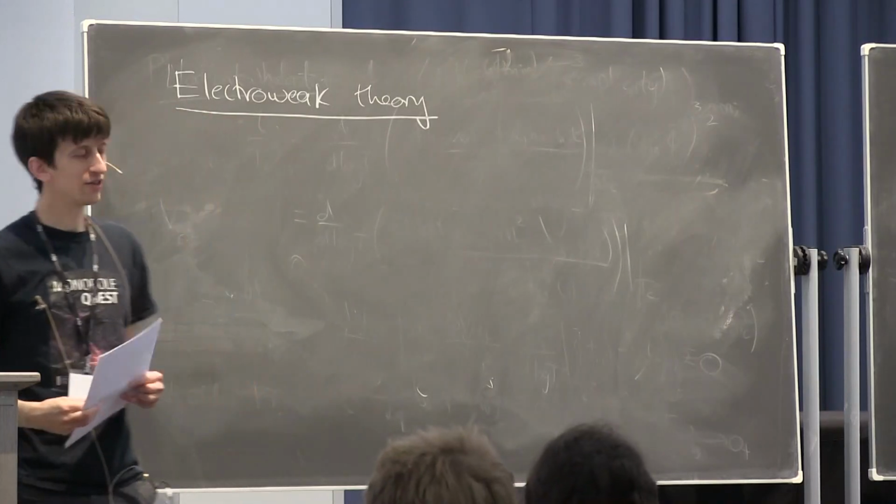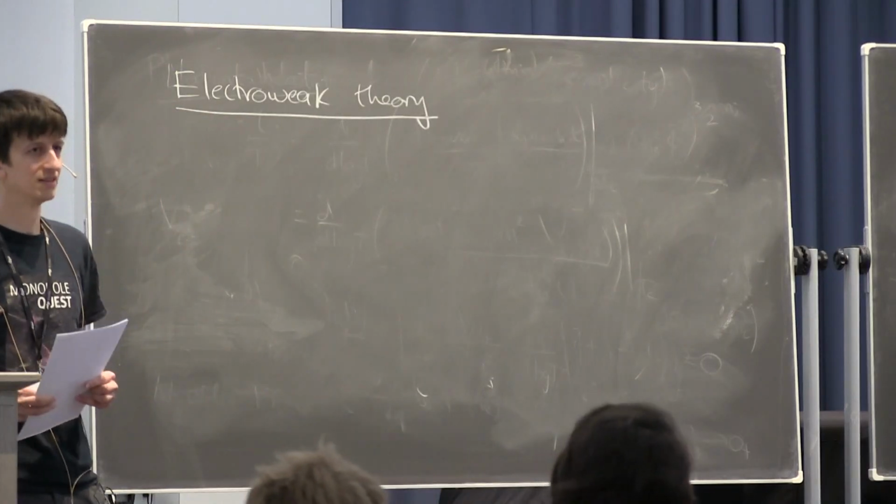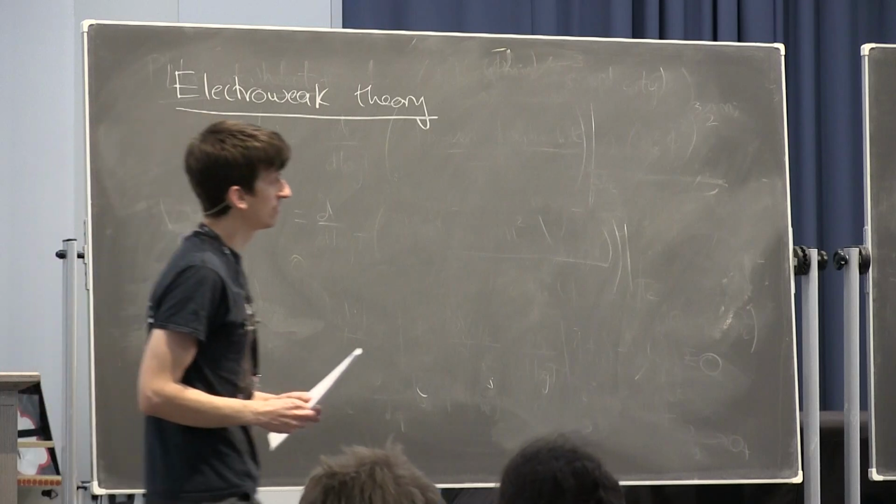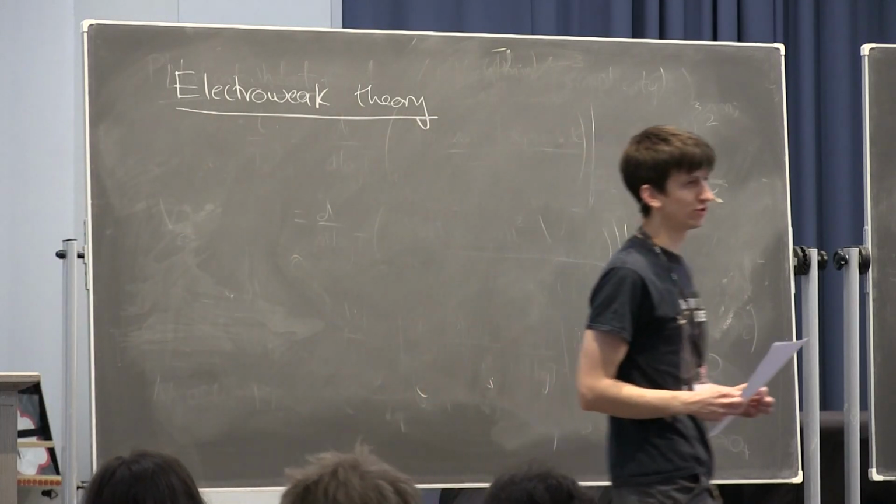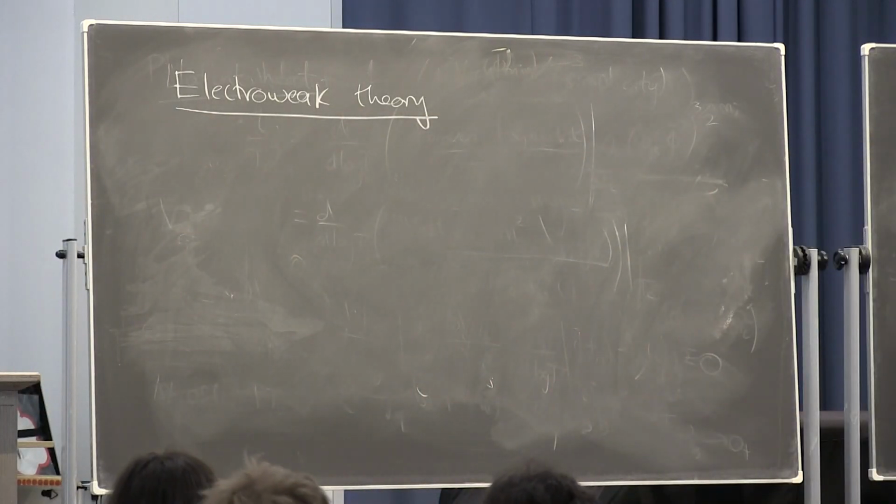So for the electroweak theory, the story is the same. It's identical. In the electroweak theory, it's the SU2 field that matters for the gauge coupling. The U1 field, the hypercharge field, is not very important, but the Higgs matters.